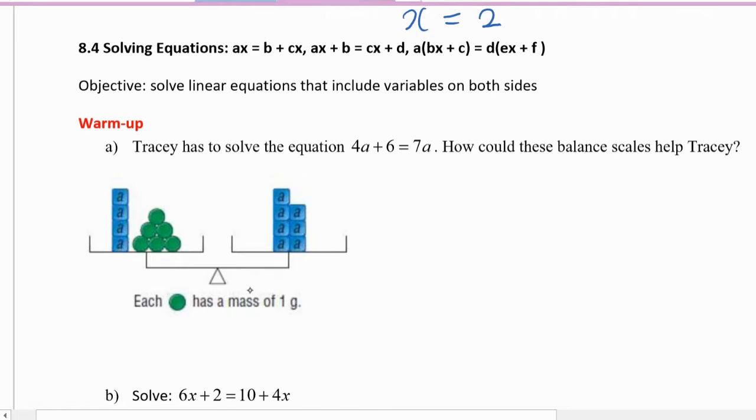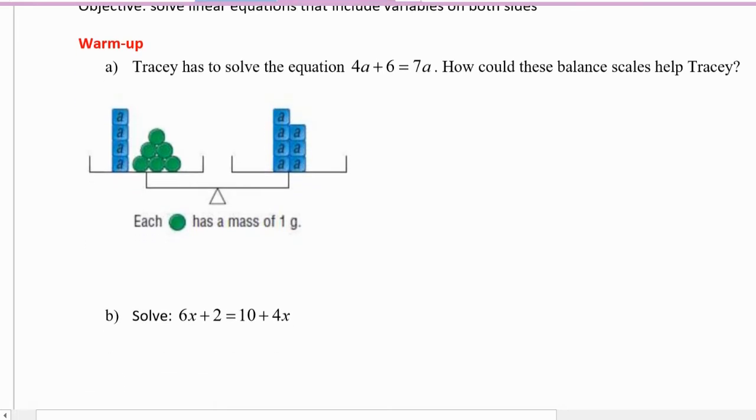7a. So to solve the equation, what is the first step? We have to take away the same amount from both sides. So I'm going to take away 4a from both sides. Okay, after taking away 4a's from both sides, what I have here is 6 integer chips and 3a.